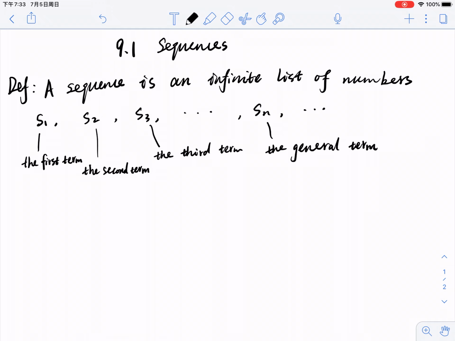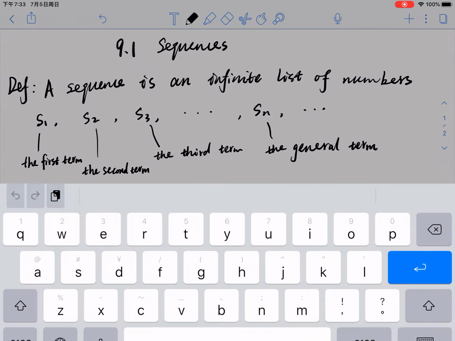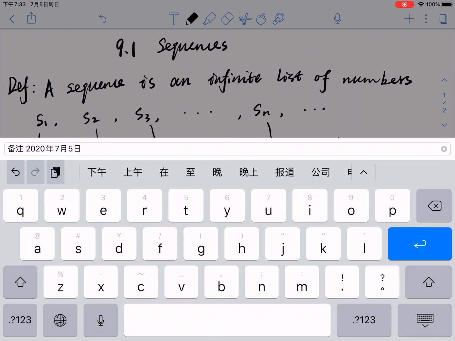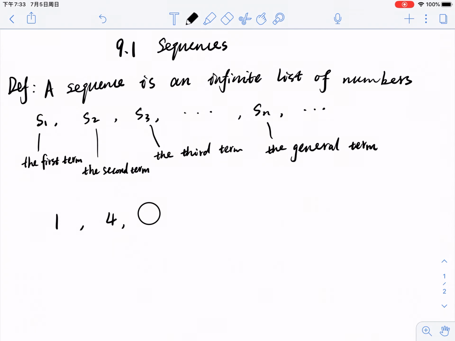Now we look at an example. We give a list of numbers 1, 4, 9, the n square.